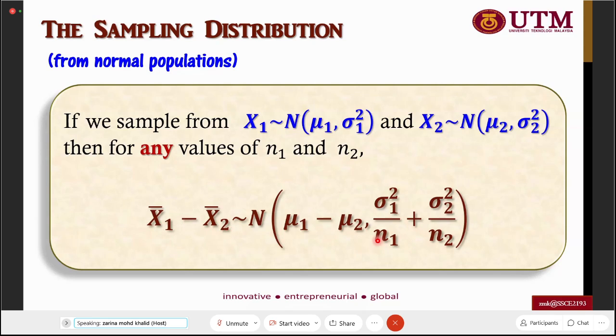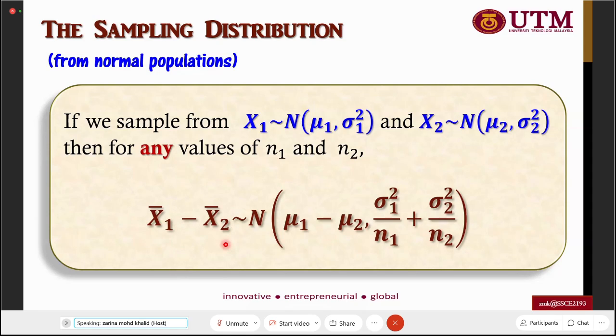And the variance for X bar 1 is simply sigma 1 squared over n1 plus sigma 2 squared over n2. Okay? So this distribution is actually available in the statistical table booklet. So you can have a look at your statistical table booklet just to remind yourself what the distribution is for this difference between two sample means.